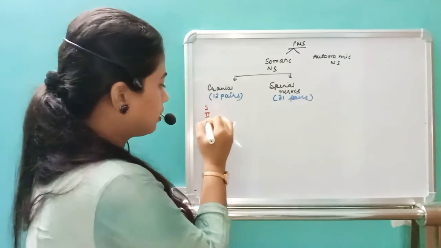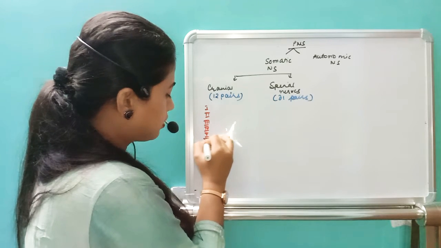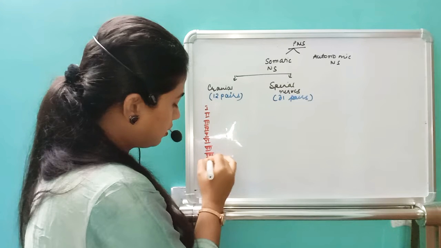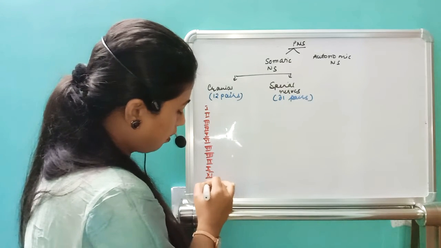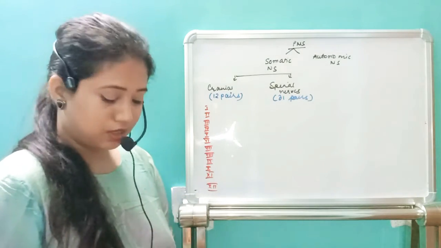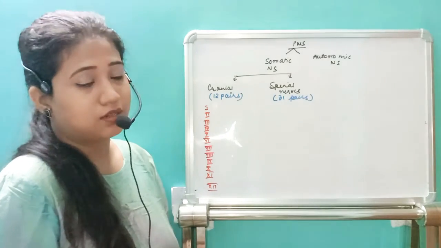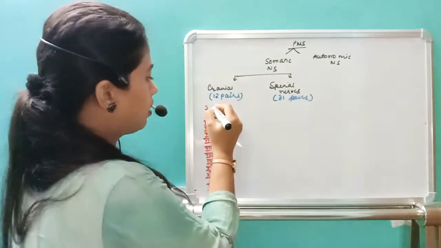First, second, third, fourth, fifth, sixth, seventh, eighth, ninth, 10th, 11th and 12th. You cannot change their numbers, and these are written in Roman numerals. So how can you remember? You can remember this way.